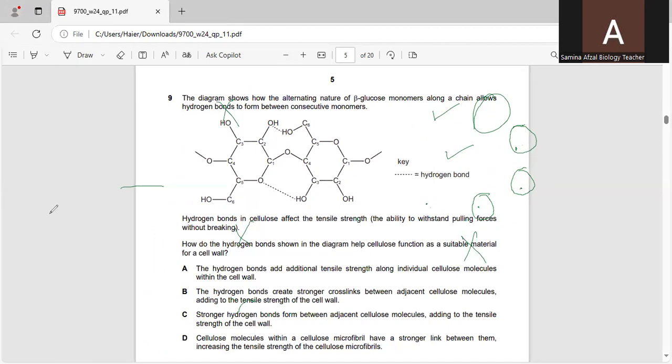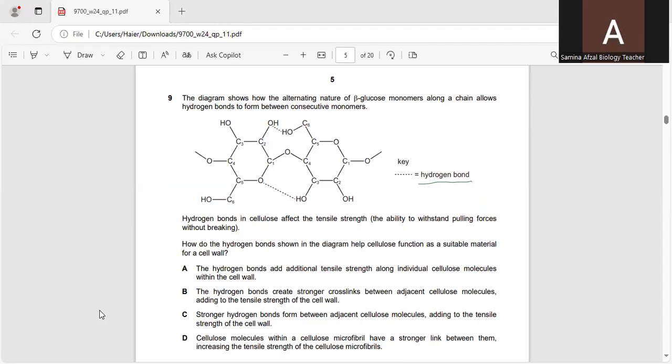Well, the next question is: the diagram shows how the alternating nature of beta glucose monomers along a chain allows hydrogen bonds to form between consecutive monomers. Hydrogen bonds are weak bonds, but they are strong when they are present between many molecules.